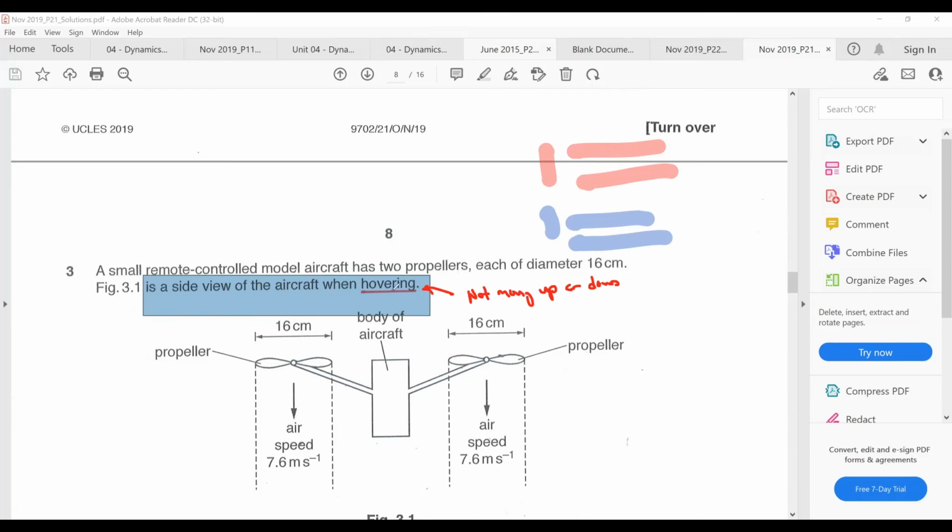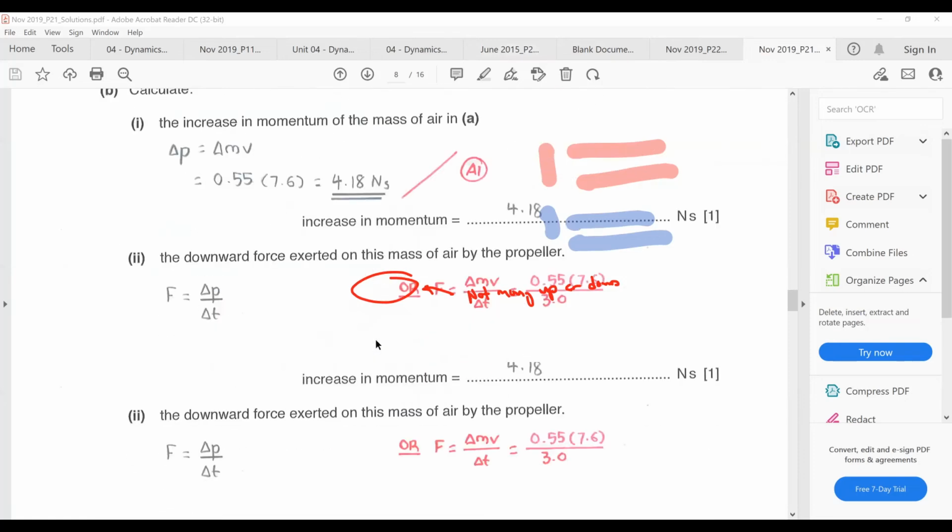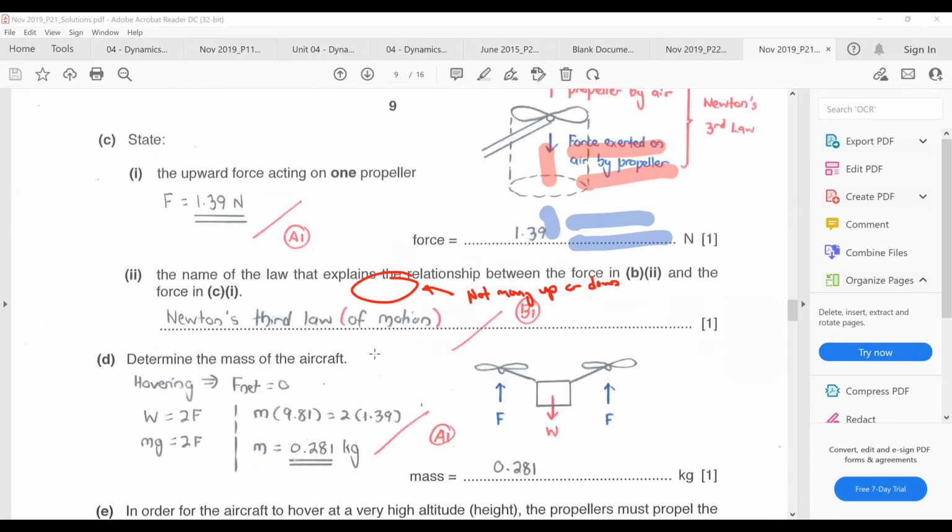You're just fixed there in the air. Because you're not moving up and down, you can say that there's no resultant force acting on your object. Your resultant force is 0.